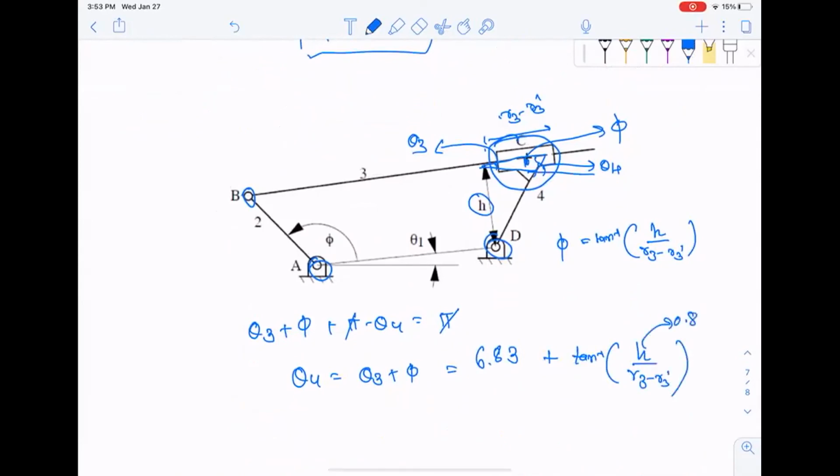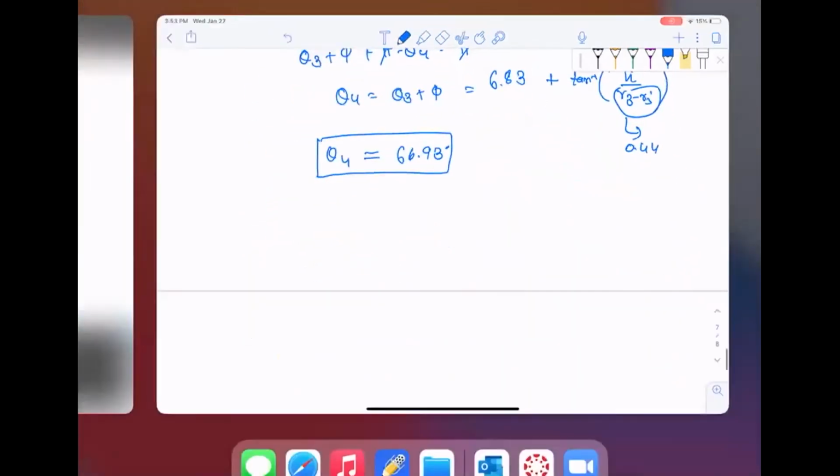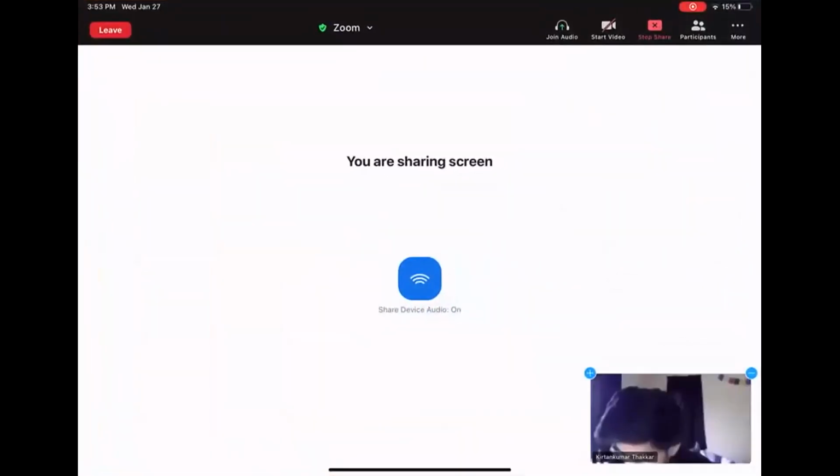H is 0.8 and this is 0.44. If I do that, I can find the value of theta 4, and that will be 66.93 degrees. So let me stop here with the solution and go ahead with the SolidWorks illustration.